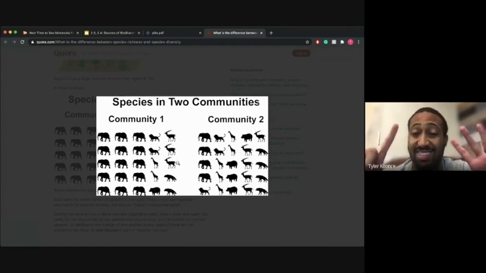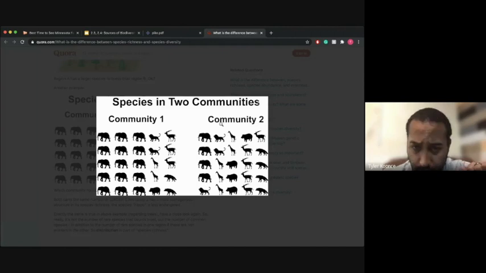So that's six different species. In community two, we have elephants, lions, giraffes, hippopotamus, ibex, hyenas. Six as well. So if we're looking at the species richness between these two communities, we would say that they have the same species richness because they both have six.